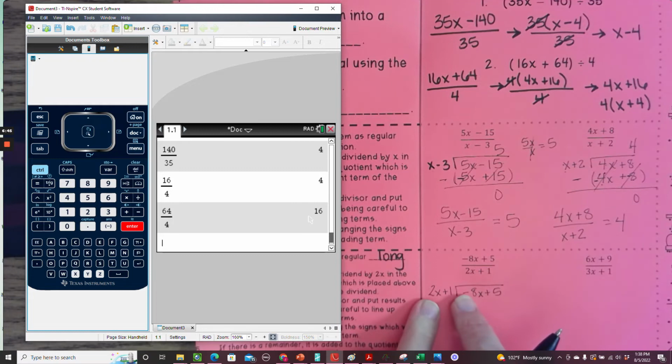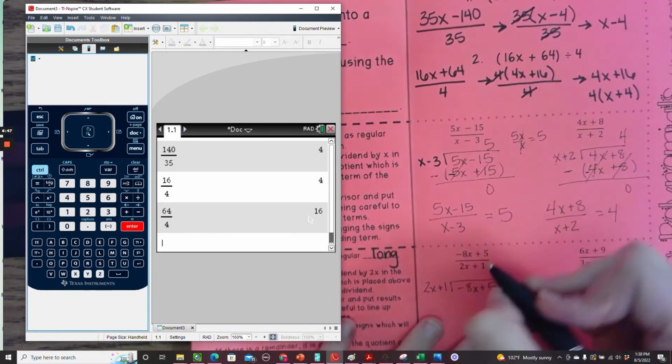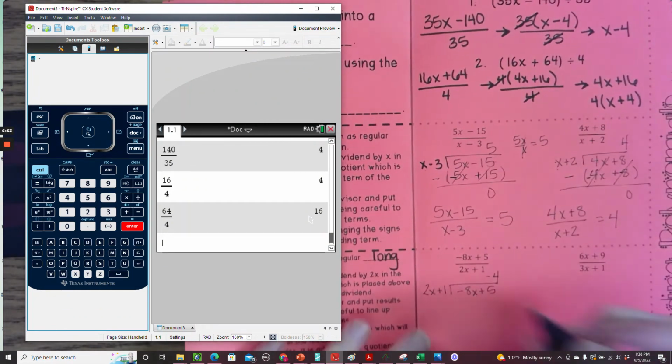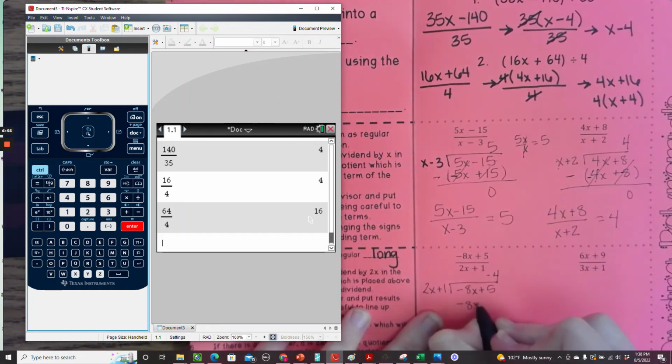So 2 times what gives me a negative 8? A negative 4. Multiply it out. Negative 4 times 2x is a negative 8x. Negative 4 times a positive 1 is a negative 4.